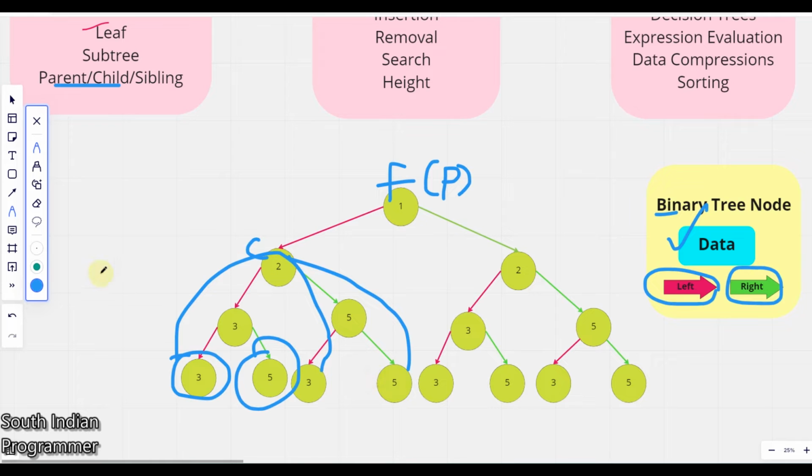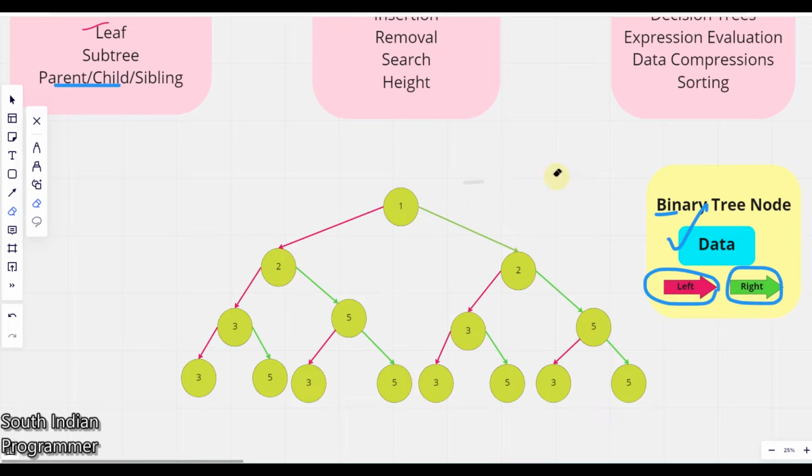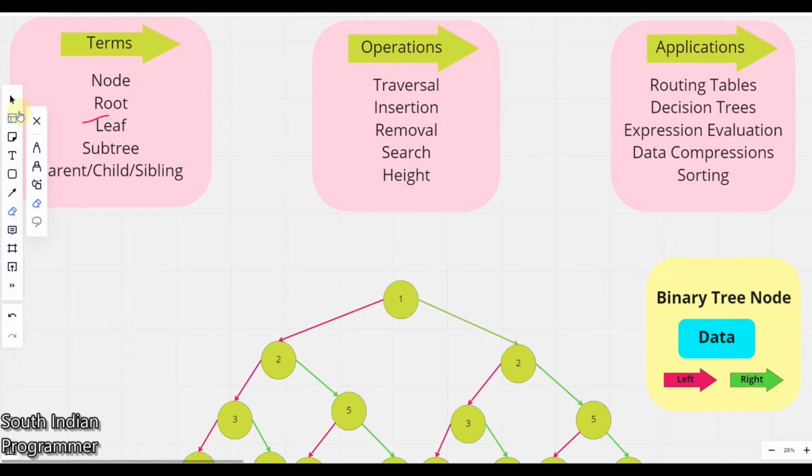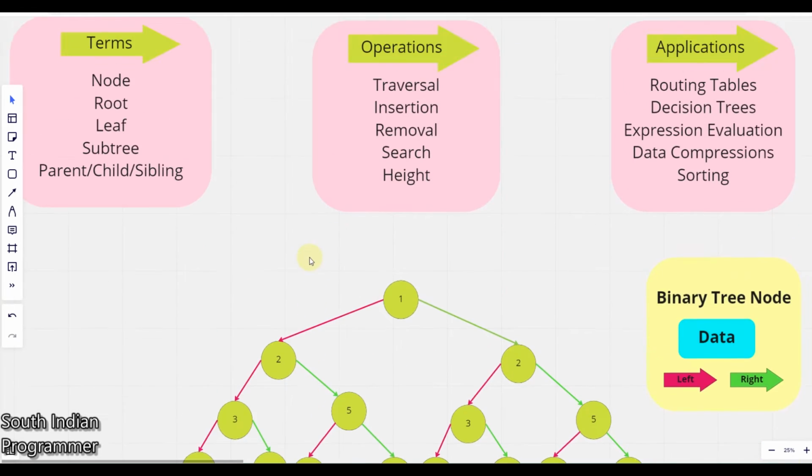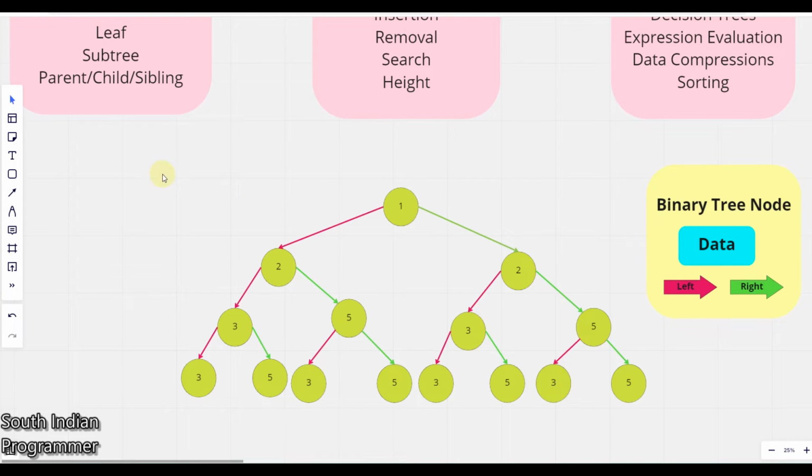So this is all called sibling nodes. This is the relation involved in this binary tree, but these are all for just a representational purpose. But in the actual interviews and other competitive programmings, you can expect some tedious questions, but these are all the basic terminologies involved in this binary tree.